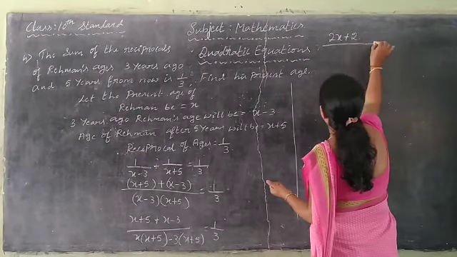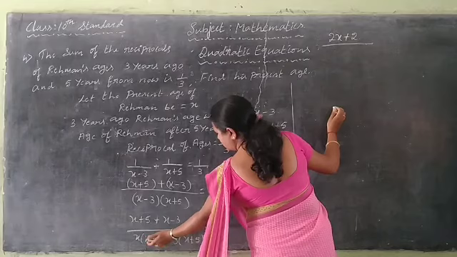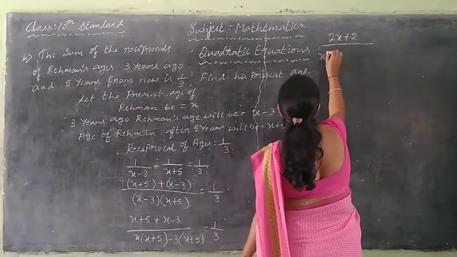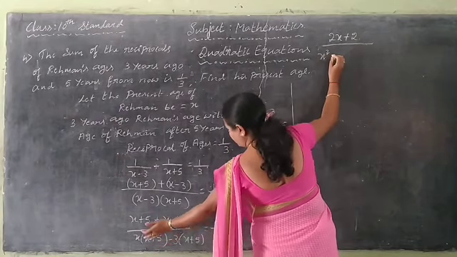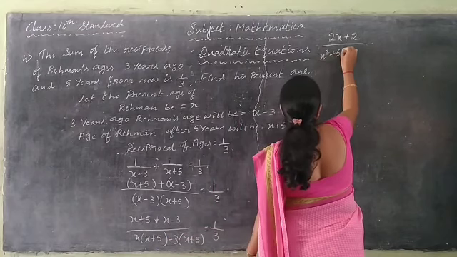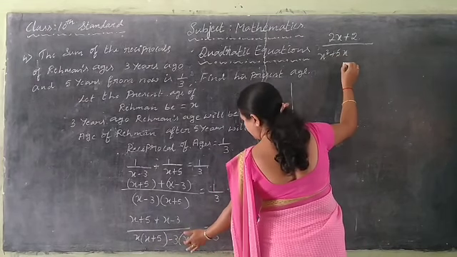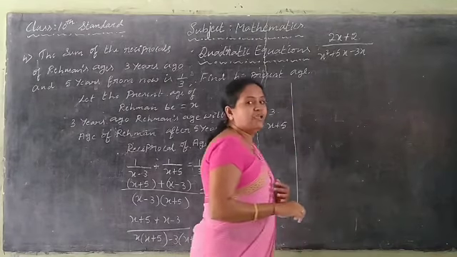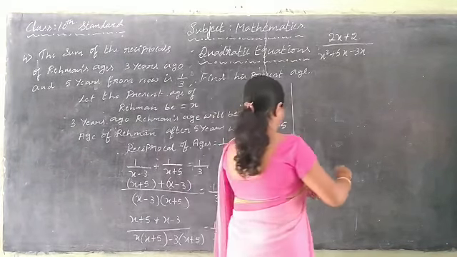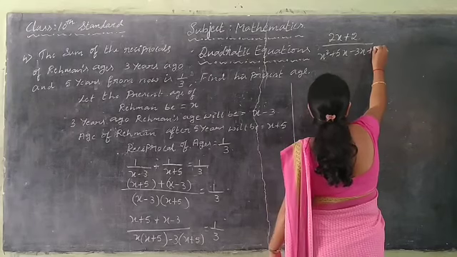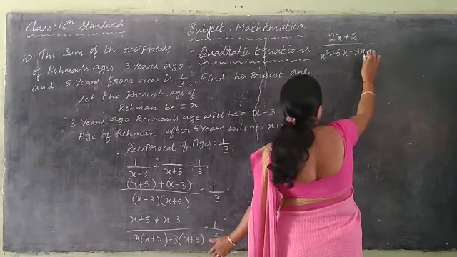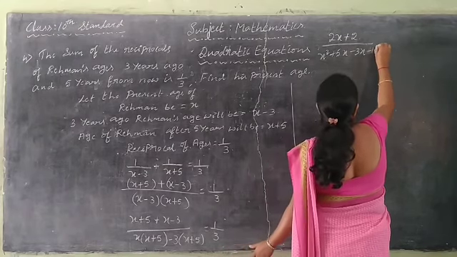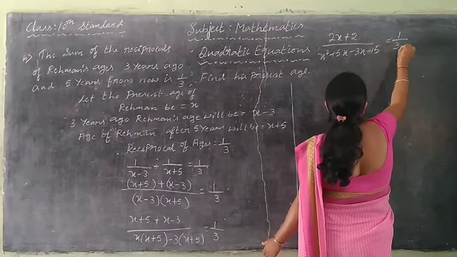Now see the denominator here. x into x, what do you get? x square. 5 into x is 5x. Then minus 3 into x is minus 3x. Then minus 3 into 5 is minus 15, equal to 1 by 3.